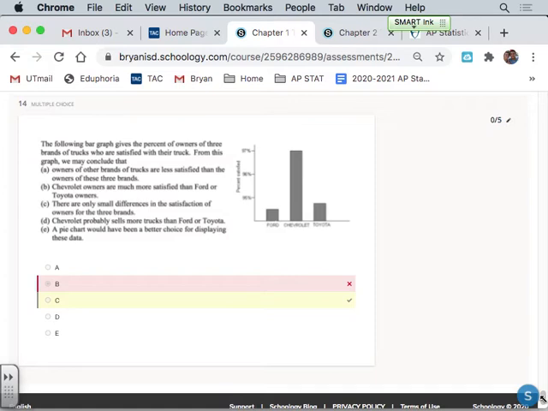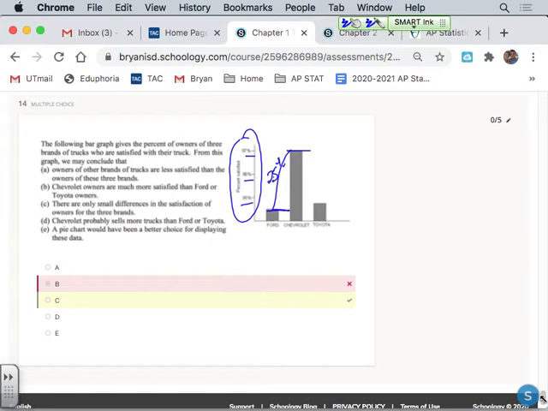The following bar graph gives the percent satisfied with their trucks: Ford, Chevy, and Toyota. The problem with it was that over here, these numbers are 95, 96, and 97. So the true difference between Ford and Chevy was 2.5%. It was nothing.